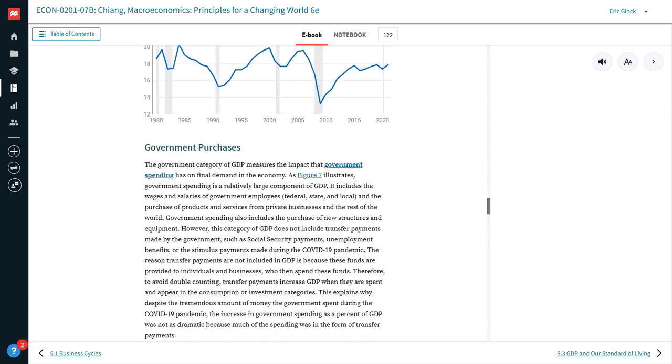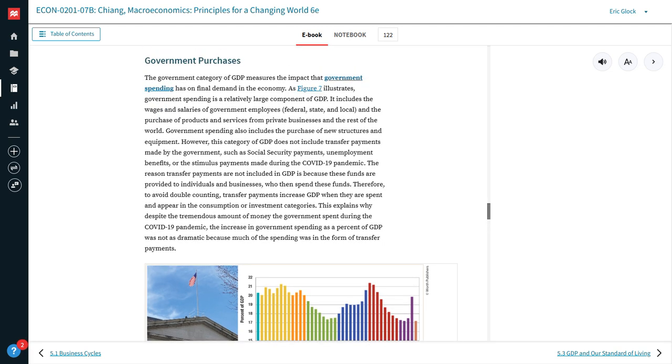The other one is government purchases. Government buys stuff too. It does not include transfer payments. Government paying out checks to individuals goes into consumption spending.